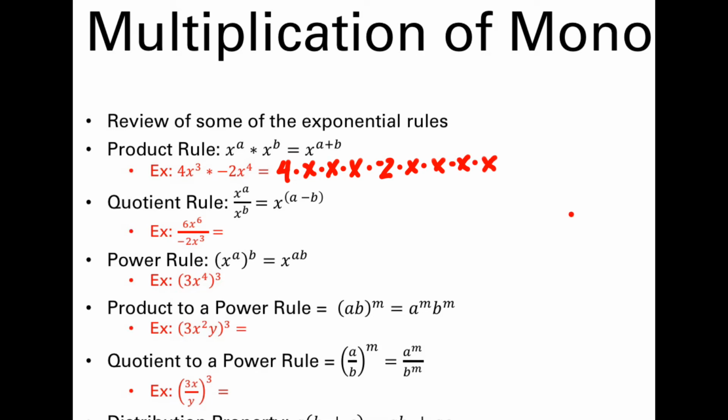And in multiplication, we can take things in any order. We can multiply in any order. So with the numbers, we're just going to take 4 and negative 2 and go ahead and multiply that. That gives me negative 8. And then the rest is all x's. And notice that there's 3 of them and then 4 of them. So 3 plus 4 is 7. So negative 8x to the 7th power.